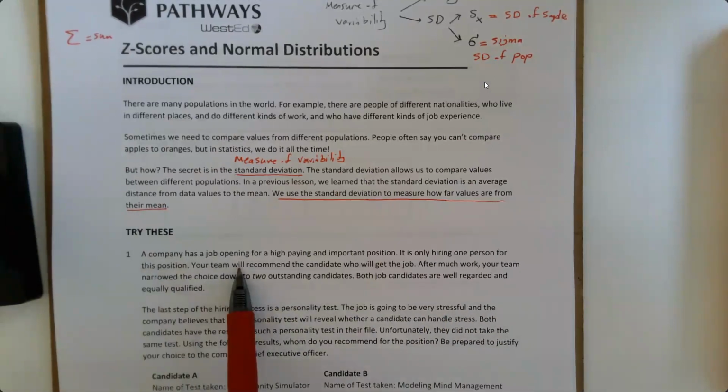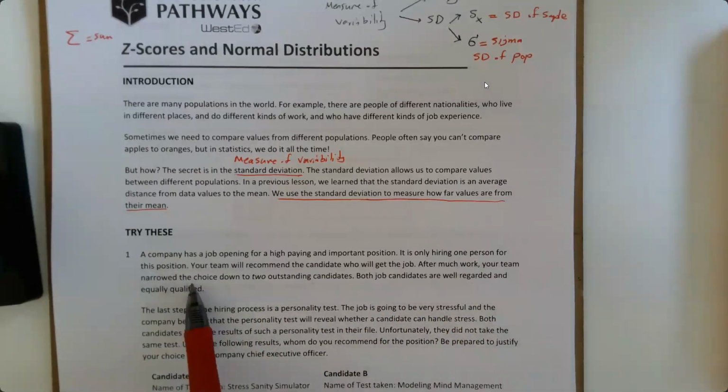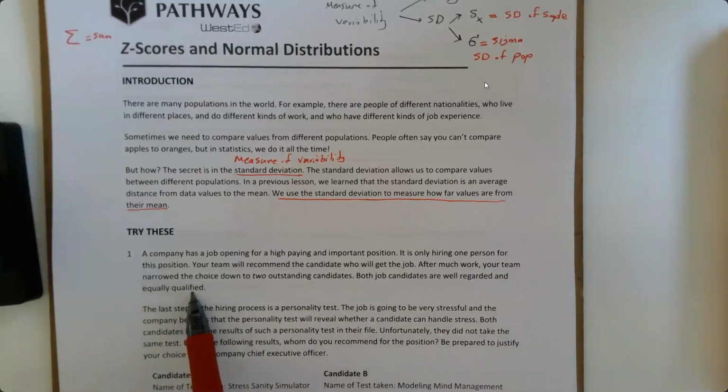Your team will recommend the candidate who will get the job. After much work, your team narrowed the choice down to two outstanding candidates. Both job candidates are well regarded and equally qualified. Okay, well, it makes it a little bit hard for us then.